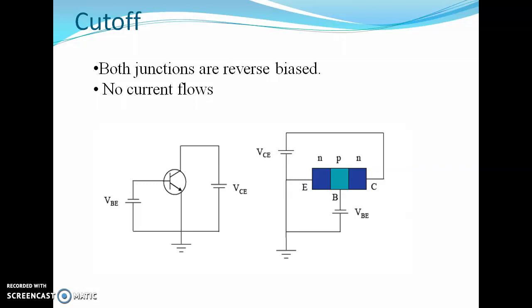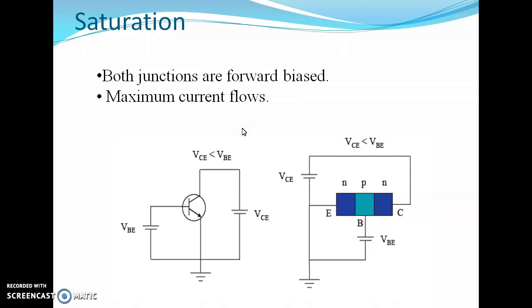That makes the transistor reverse biased. In reverse bias there is no current flow. As we saw in our previous presentation on the diode, only in forward bias will the current start flowing. Same thing applies here. In reverse bias there is no current. This figure shows the symbolic representation of the circuit. So this is the cutoff mode of biasing.